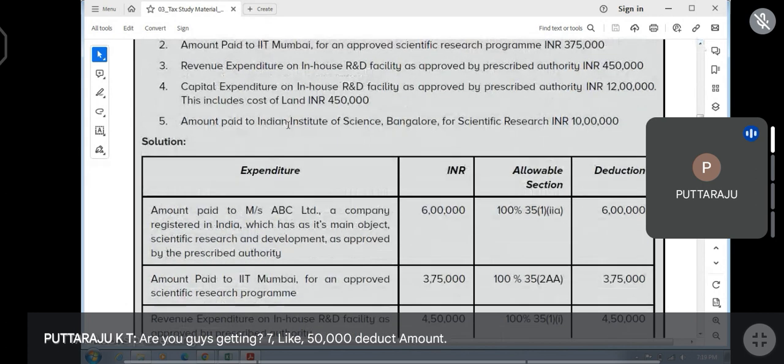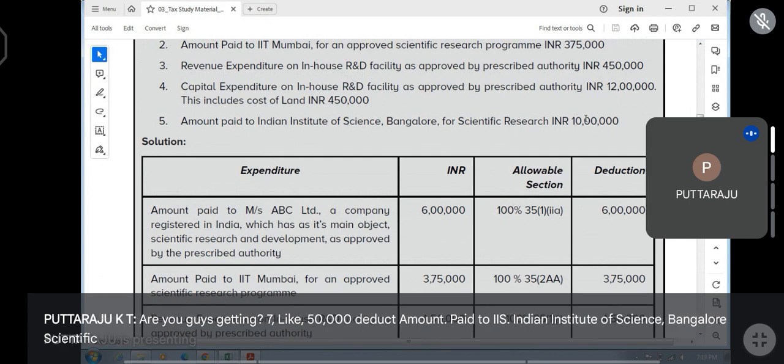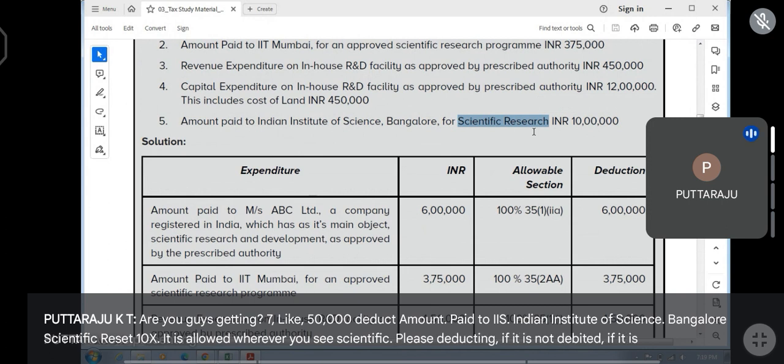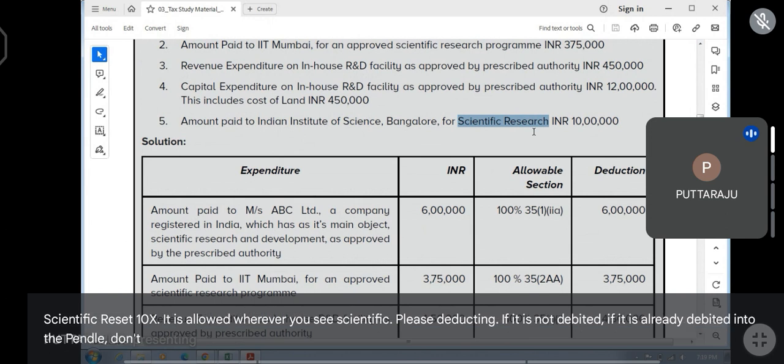Amount paid to IIS, Indian Institute of Science, Bangalore, for scientific research, 10 lakhs, it is allowed. Wherever you see scientific, please deduct the entire thing. If it is already debited into the P&L, don't do anything. Don't deduct again.